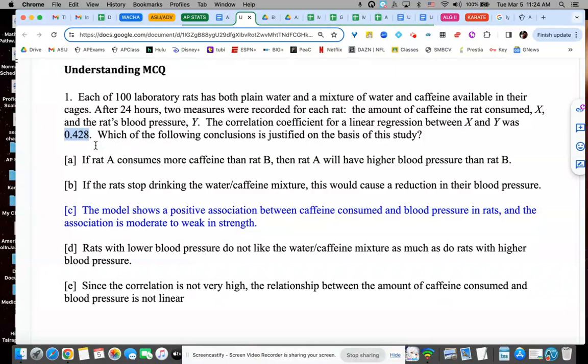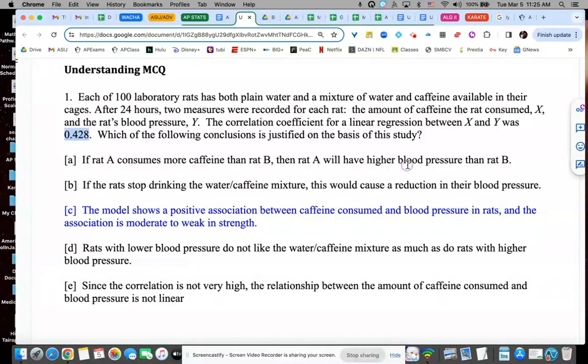It gives you the strength, which I just mentioned, and this would be moderate to weak. And then it also gives you the association, whether it's positive or negative. This is a positive value, so we should have a positive association with a positive slope. Those are the only two things this really gives you. It doesn't tell you it's linear, it doesn't tell you anything else.